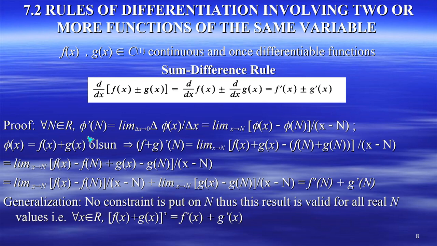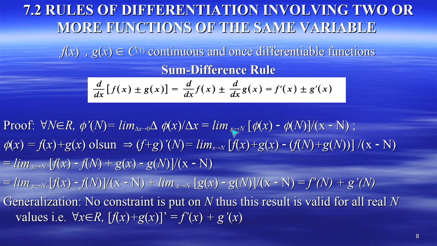In fact, this is a general function phi of x, and phi prime at the point n, the derivative of this function at the point n, is the limit when delta x goes to 0 of delta phi over delta x. Or if you wish, it means the derivative of a function is the limit of the rate of change when delta x goes to 0.